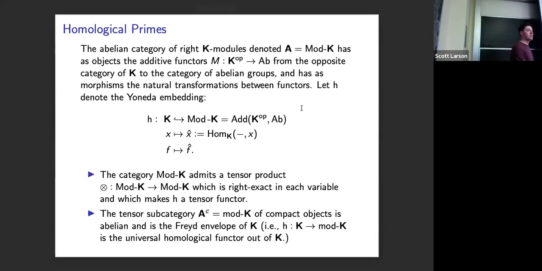Okay, now I'm going to shift gears somewhat entirely and talk about a category theoretic notion. I want to tell you about homological primes. There's a way to construct an abelian category given a TTC, and it's called the module category.